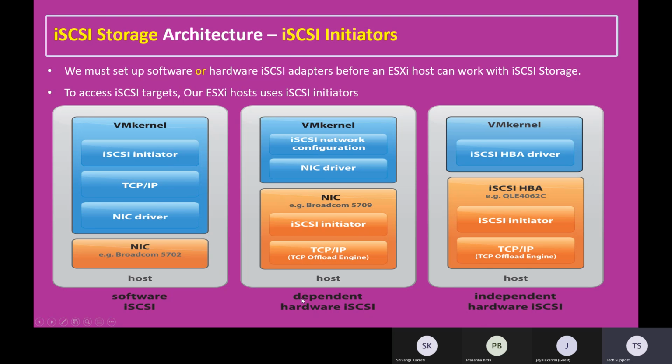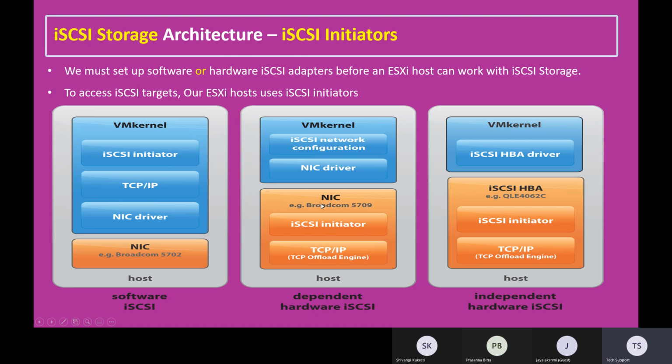Okay, and coming to the dependent hardware iSCSI. Here, what is the main requirement? Here also we require a network interface card, a normal Broadcom network interface card, but the model is different. Model different means usually not all models of network cards support a dependent hardware iSCSI configuration. Only a few models are supported.